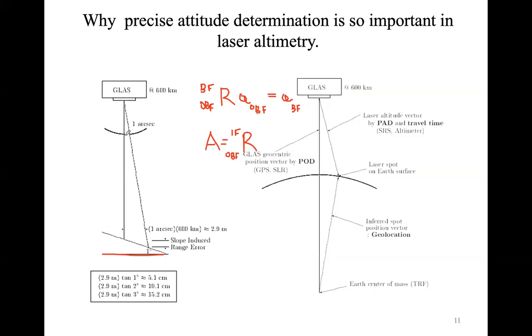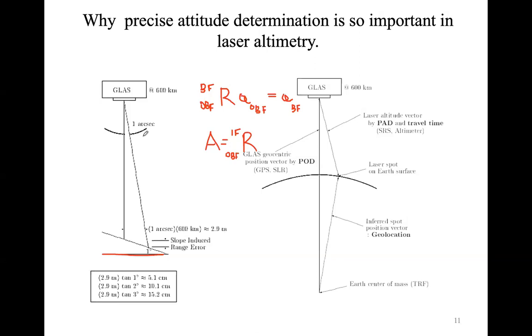So if you have an error in the attitude, what happens is that, for example, let's say 1 arc second. 1 arc minute is 1/60th of a degree, and 1 arc second is 1/60th of an arc minute.